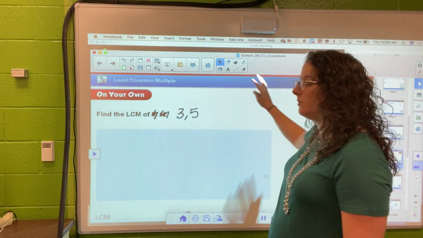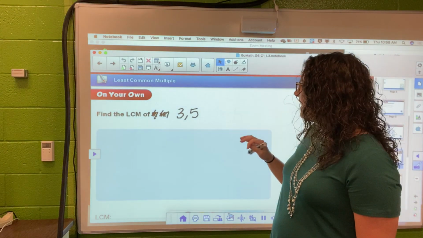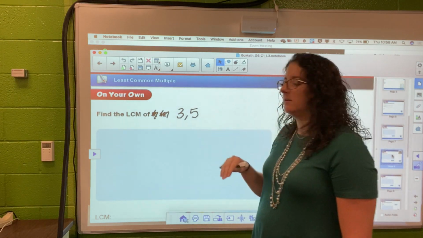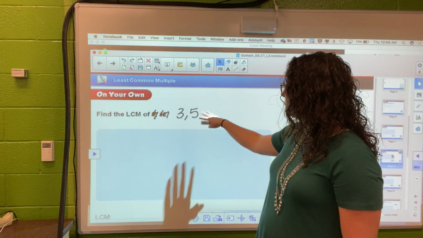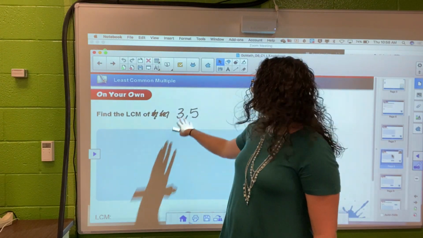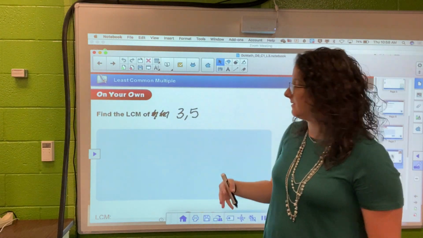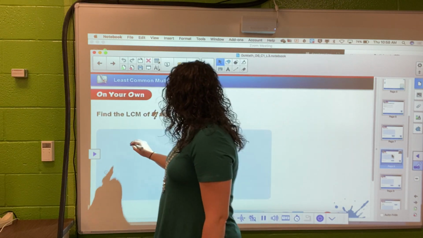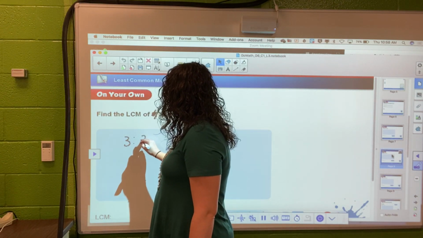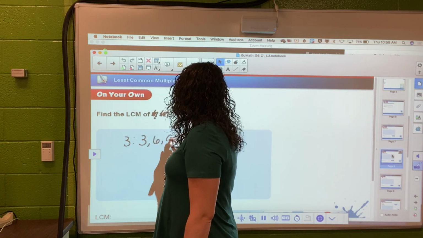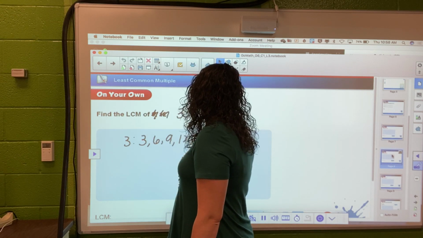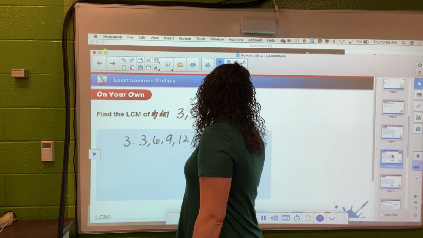If you prefer to do the factor trees, you can, but it's a little different because these are already prime numbers. So you can't just multiply those two together in this case. But our multiples for 3 are 3, 6, 9, 12, 15, 18.